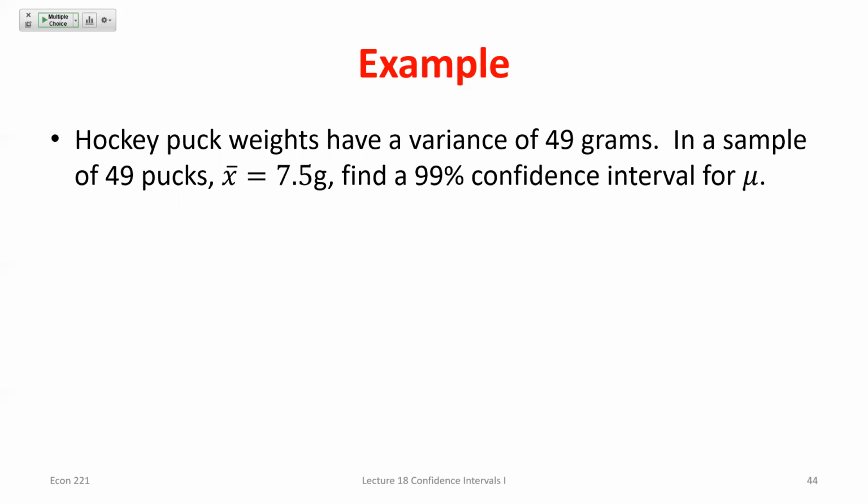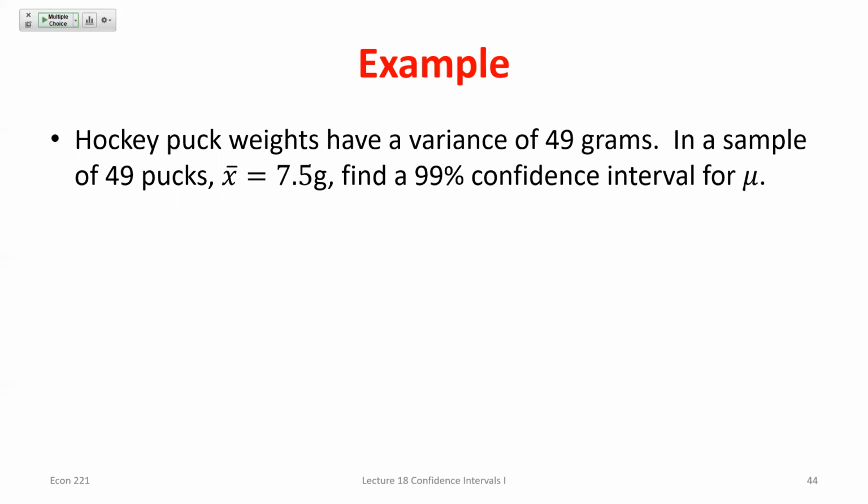The first examples that we're going to work through with confidence intervals start out where we know the population variance. In practice, that's not going to be very likely. How do I know the population variance if I don't know the population mean, right? It doesn't make a whole lot of sense. But the applications that do make sense are usually when I've got some production process where I know that the machinery should have a certain kind of variation to it. So, maybe I'm looking at hockey pucks.